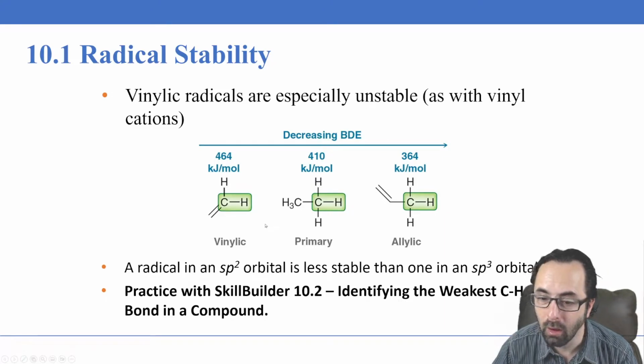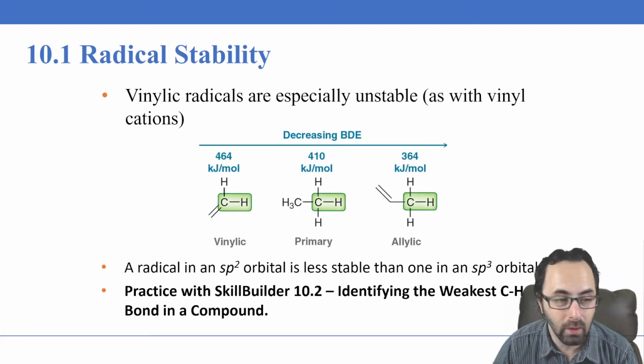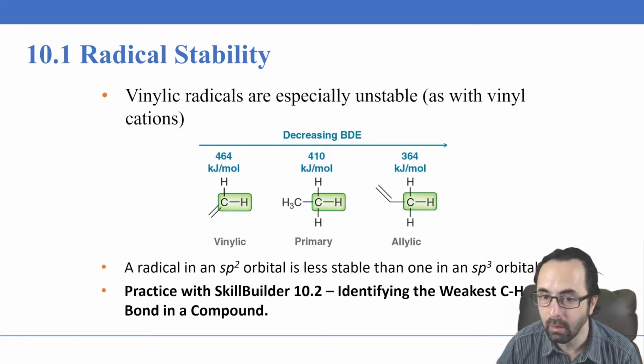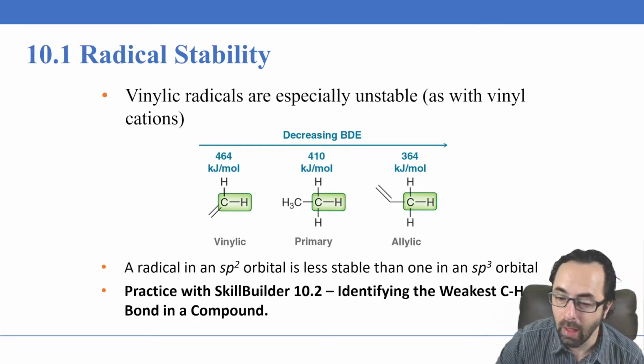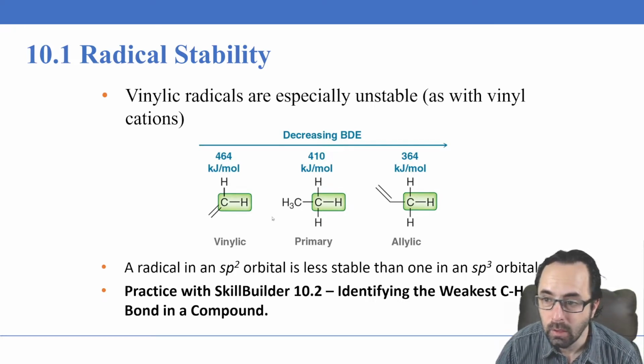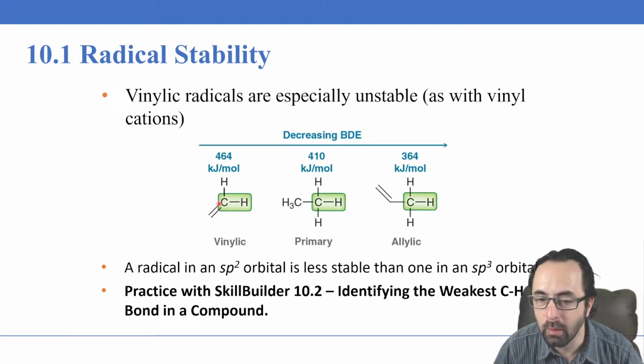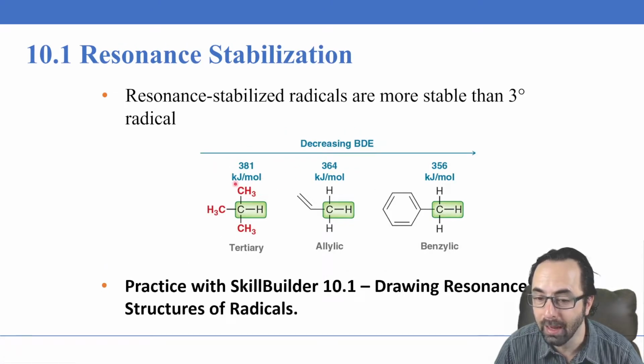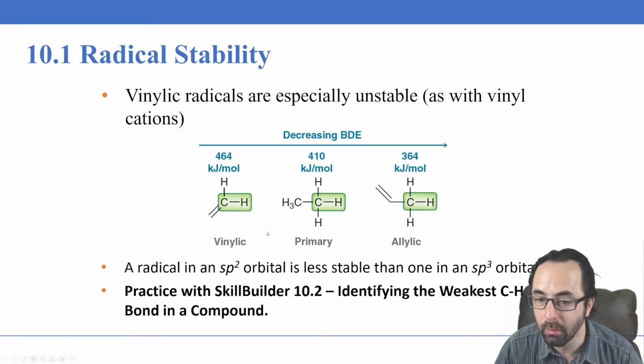Similarly, when we talked about vinylic carbocations, we said they are particularly unstable, right? And vinylic radicals are especially unstable. So, as we can see here, if we're breaking a CH bond on a carbon that's involved in the double bond, in the so-called vinyl position, breaking that bond is going to cost a lot of energy. Just compare that to the last slide. In the 380s for the tertiary radical production, breaking the tertiary carbon-hydrogen bond here.